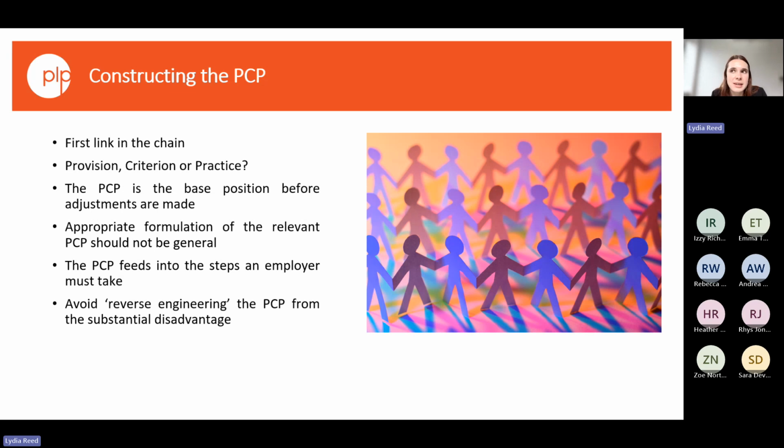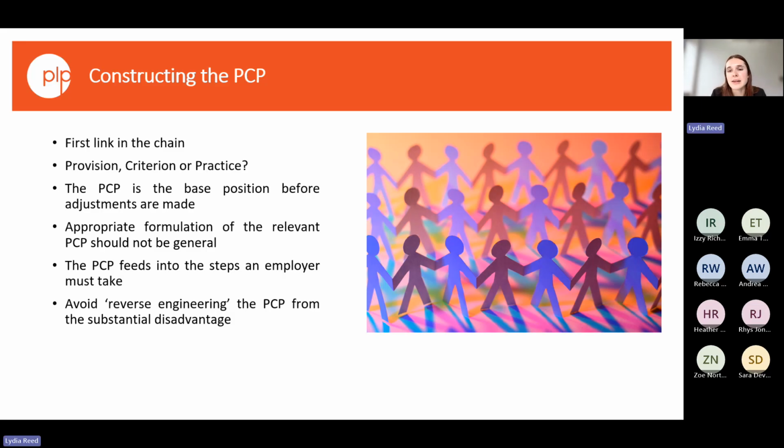That I think is easy to forget, because a reasonable adjustments claim is presented in the context of the PCP as well as a substantial disadvantage flowing from that. But essentially it's neutral, and it's something that applies to everyone without the adjustments in place.